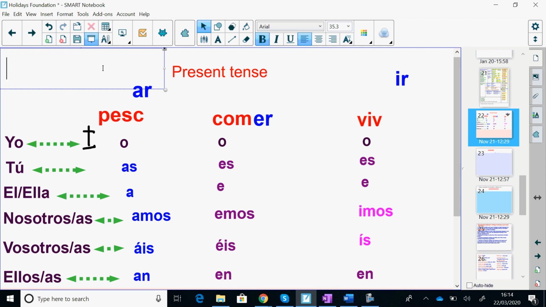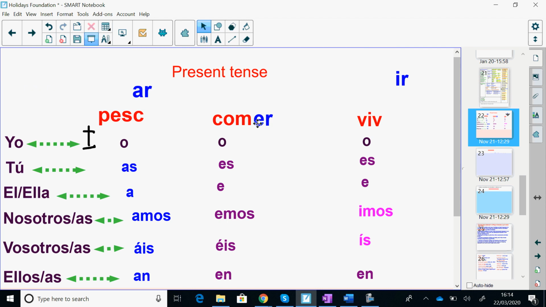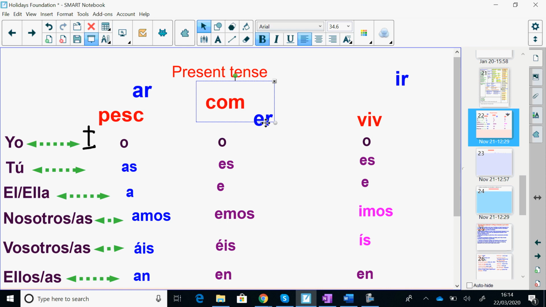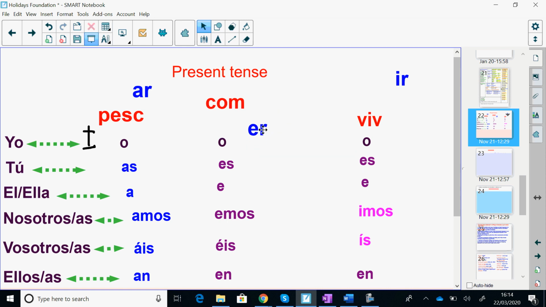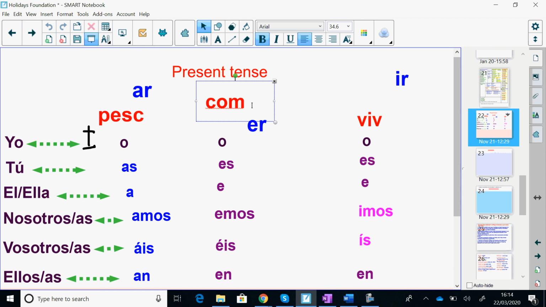Okay. Now we're going to continue with the present tense, okay? We're going to try now to do something with comer, okay? So, again, comer is to eat. I'm going to take that off, okay? How would it be? I eat. That's it. Como. How would it be? We eat.